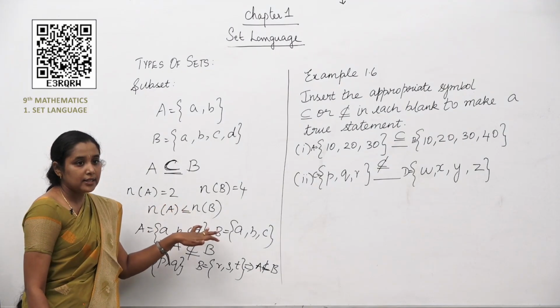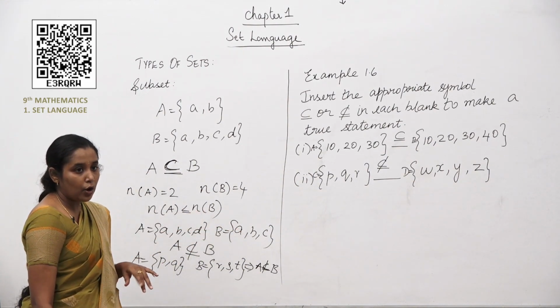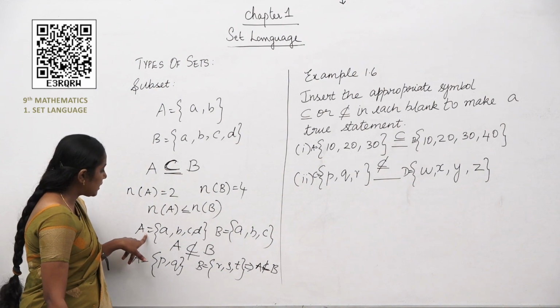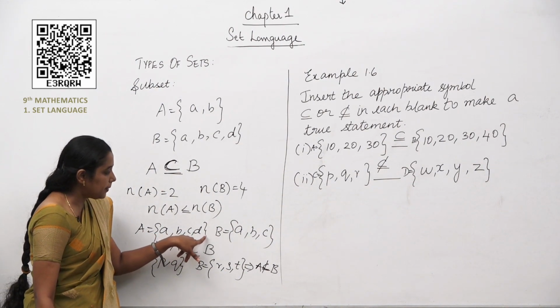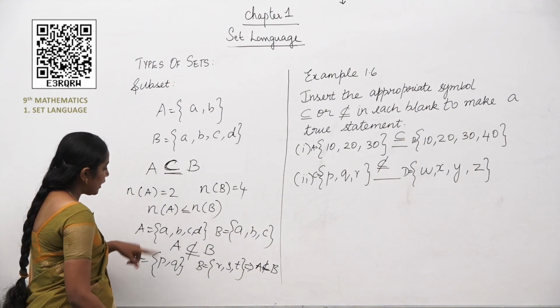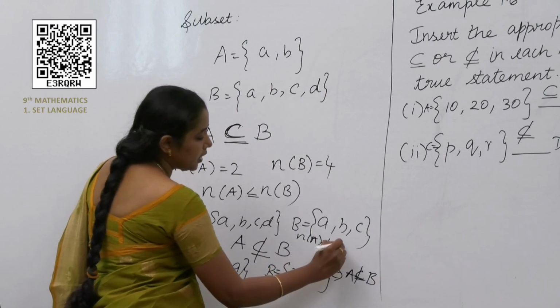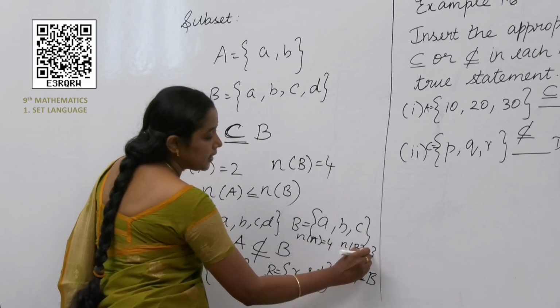So n of A is less than or equal to n of B means you will say A is a subset of B. Here A is equal to A, B, C, D and B is equal to A, B, C. What is n of A? Here n of A is equal to 4 and n of B is equal to 3 elements.